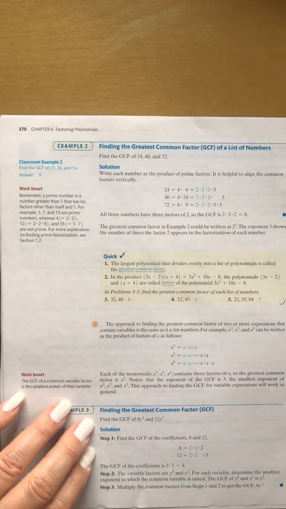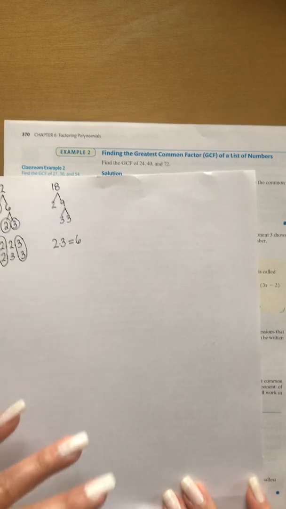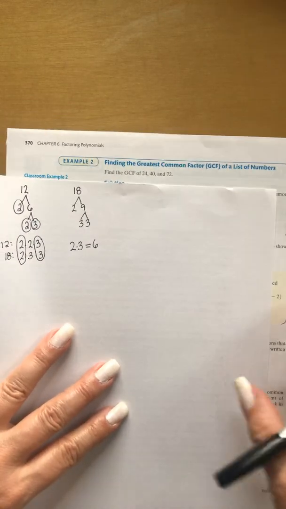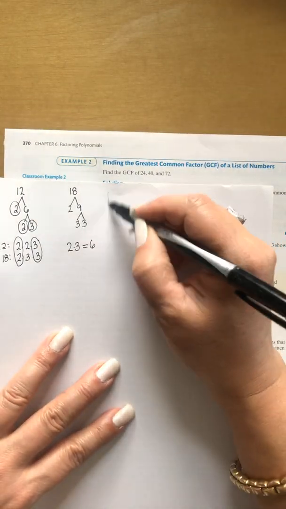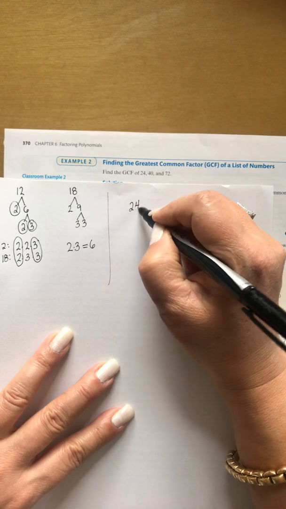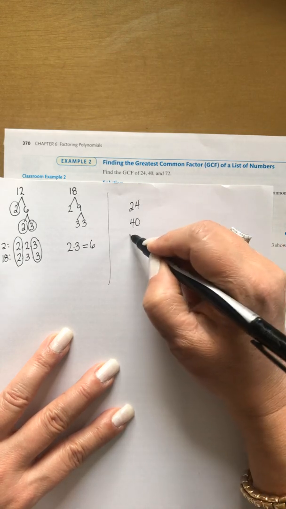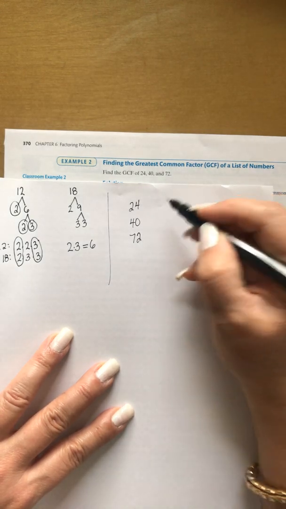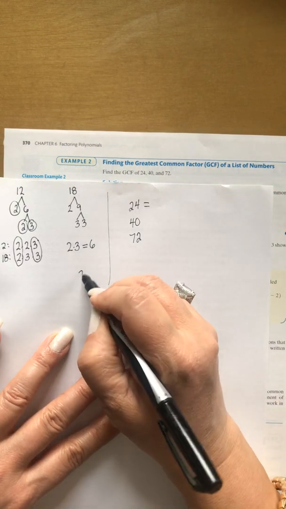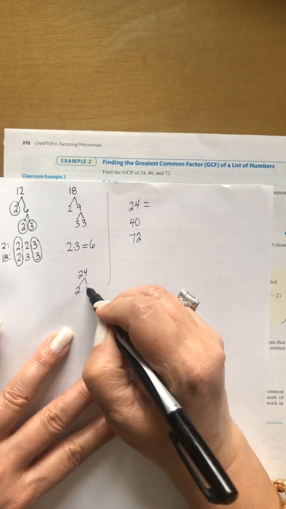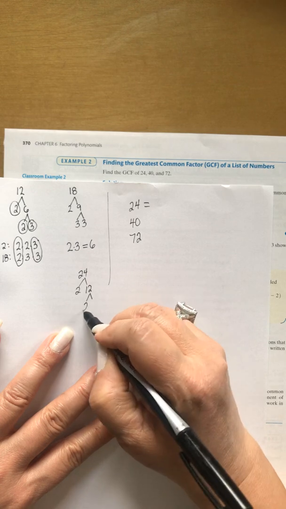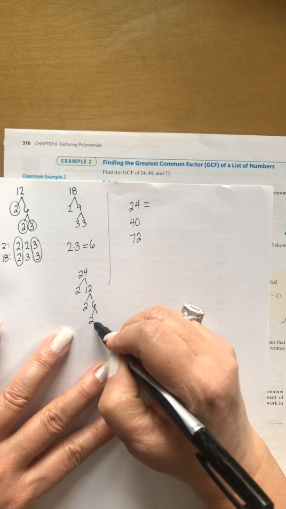What if there are 3 numbers? We've got 24, we've got 40, and we've got 72. If you made a little factor tree on 24, 2 times 12 is 24, and 12 is 2 times 6, and 6 is 2 times 3.